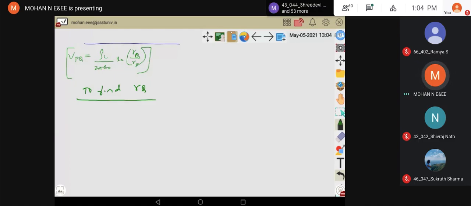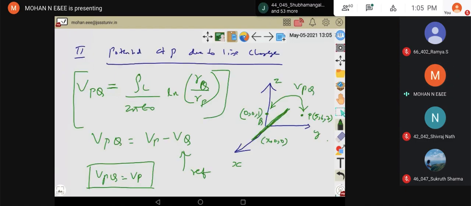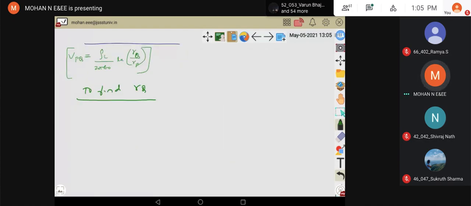That's the next question. So RQ is nothing but the distance between Q and the line charge. Am I right here? The line charge coordinates are (x, 0, 0), and Q coordinates are (0, 0, 1). So using that, I can find RQ.